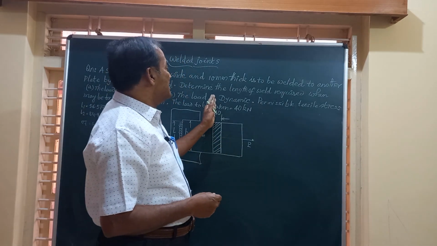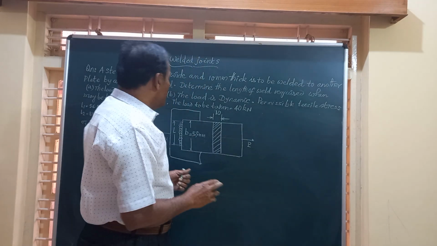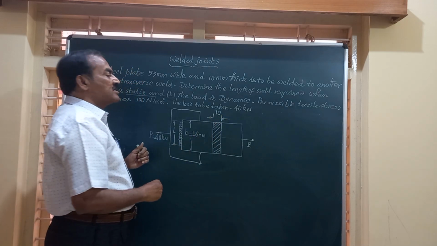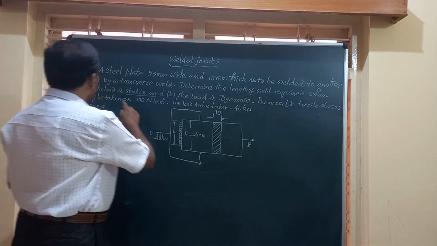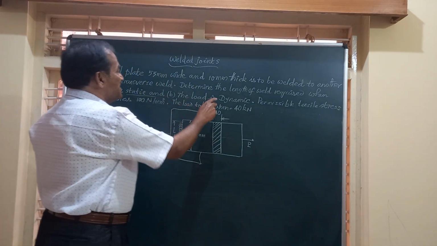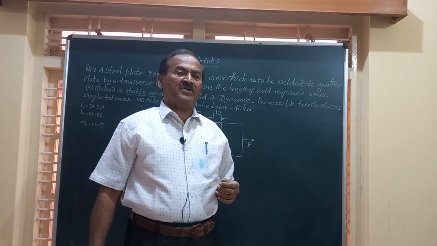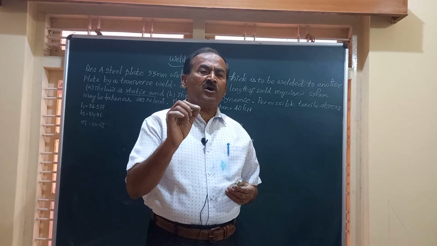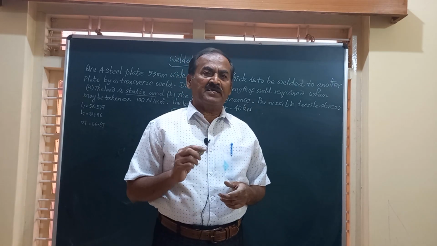And here he has asked us to determine what should be the length of weld to sustain a load of 40 kilonewton under two conditions, that is when the load is static and the second is when the load is dynamic.